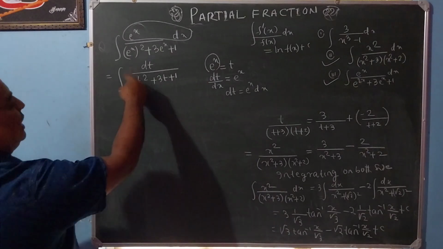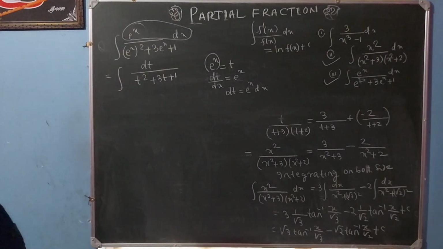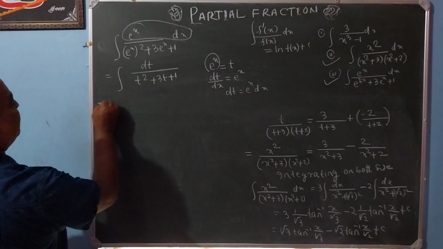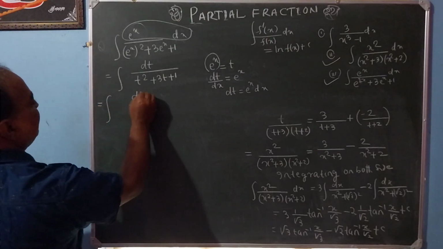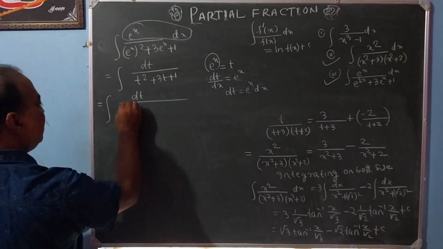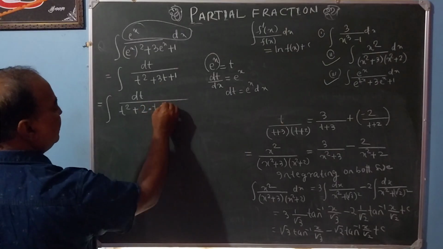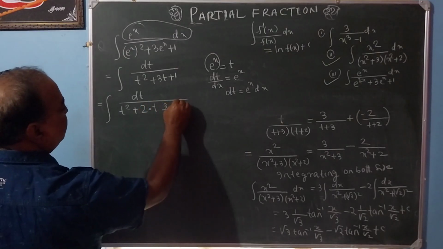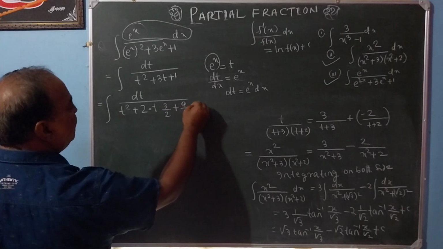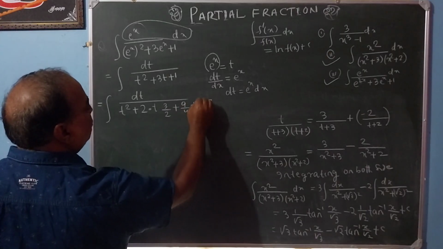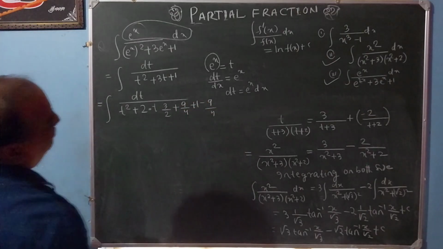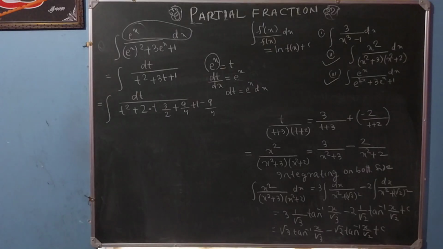So this is dt by a quadratic. First of all, you have to break this quadratic as a sum of two squares. So how can you get it? Here it is t square plus 2ab, a means t, b means 3 by 2, plus 9 by 4 added and minus 9 by 4 subtracted. 9 by 4 added and 9 by 4 subtracted.